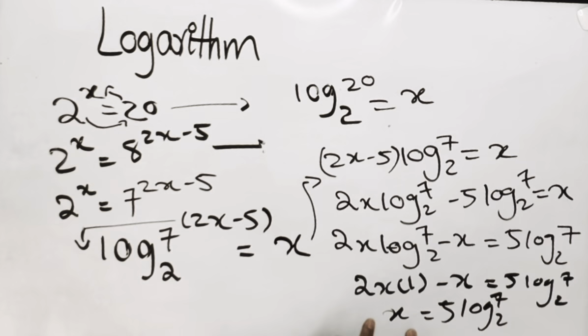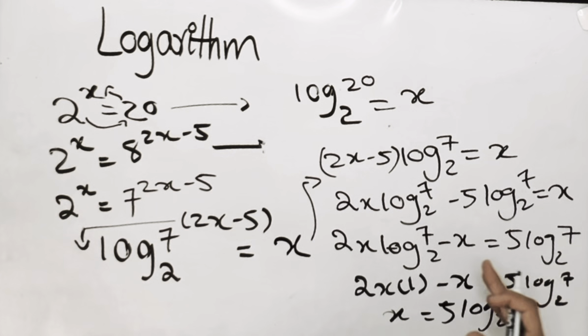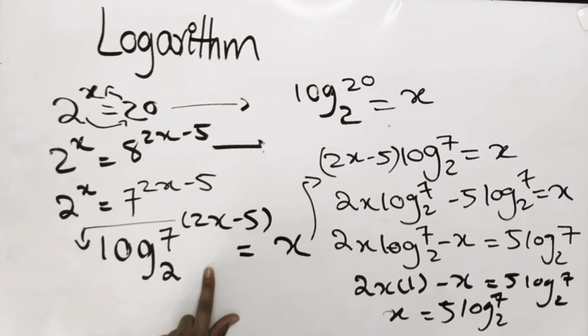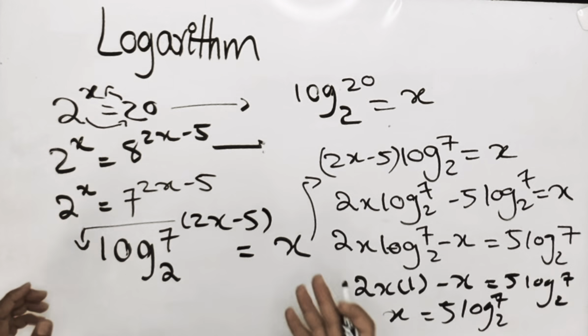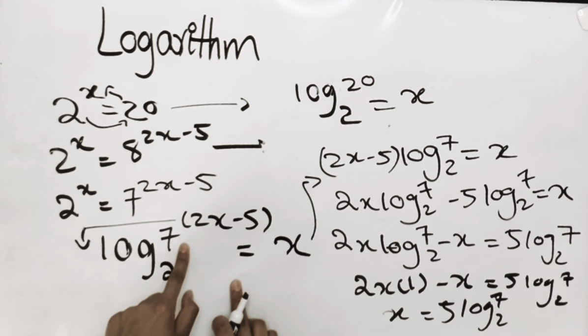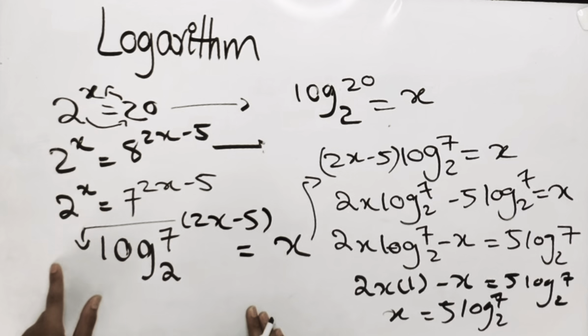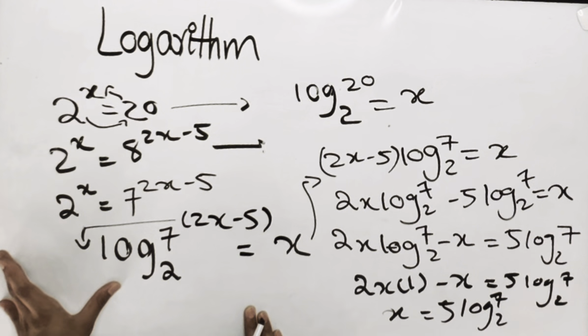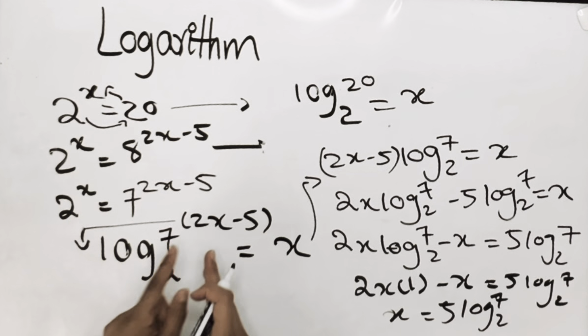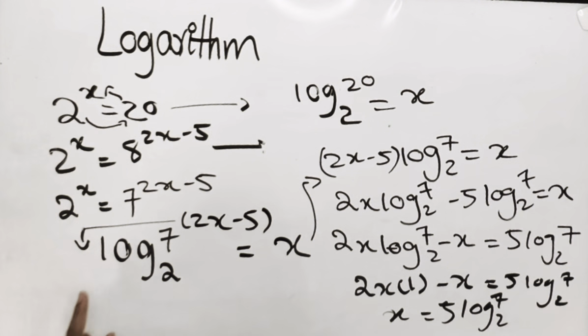Now, this is not the exact answer for this question. However, if you use your calculator, you should get the value for log base 2 of 7 and figure out the exact answer. However, this is the way that you can do it, and the most important thing that you should learn from this part of the question is that whenever you have a power in your argument, you can bring it up in front of your log, and that power would be multiplying your log.